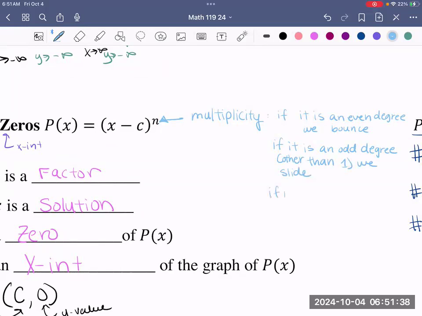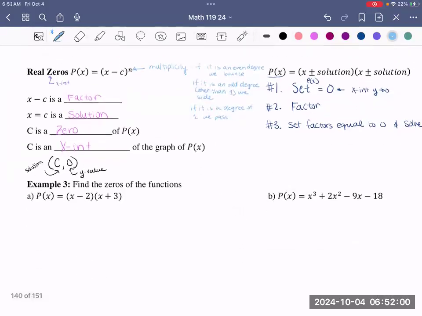And if it is a degree of 1, we pass. And when we're talking about we bounce, we slide, we pass, this is all over the x-axis.